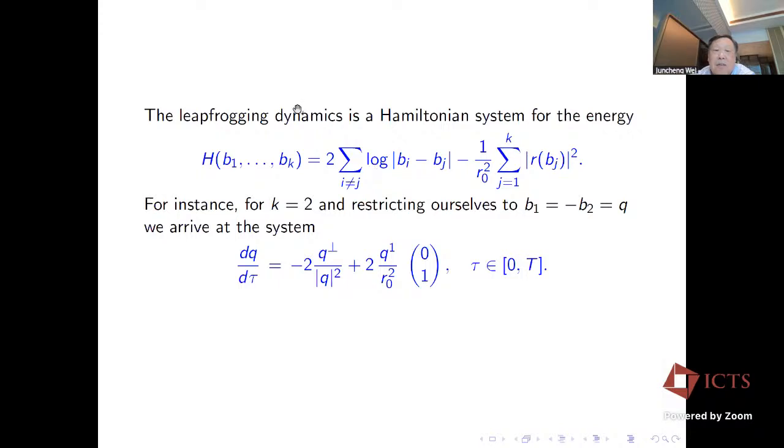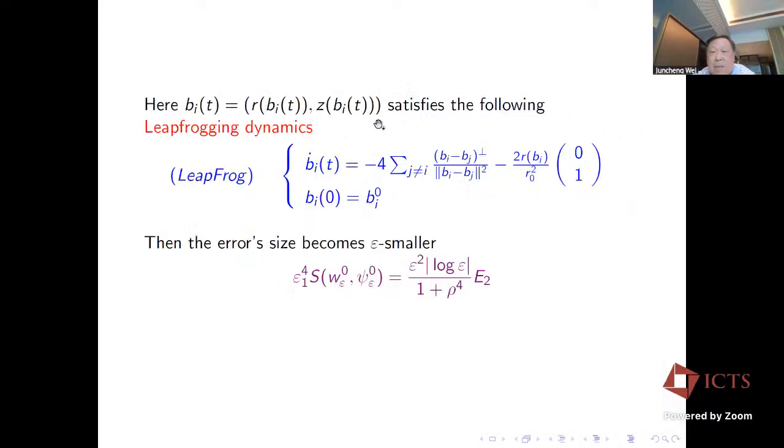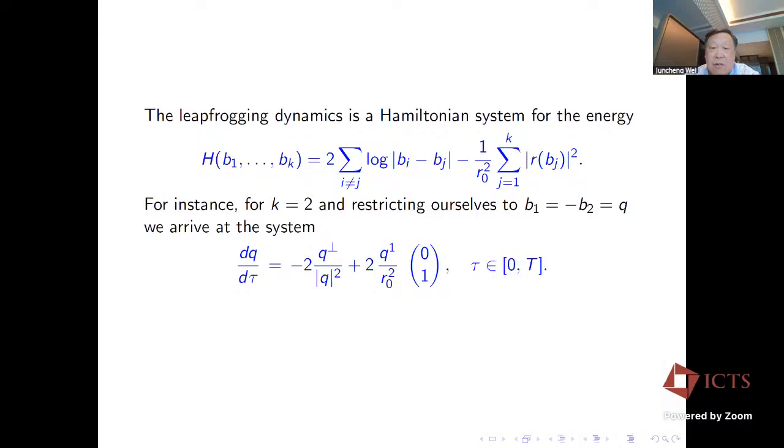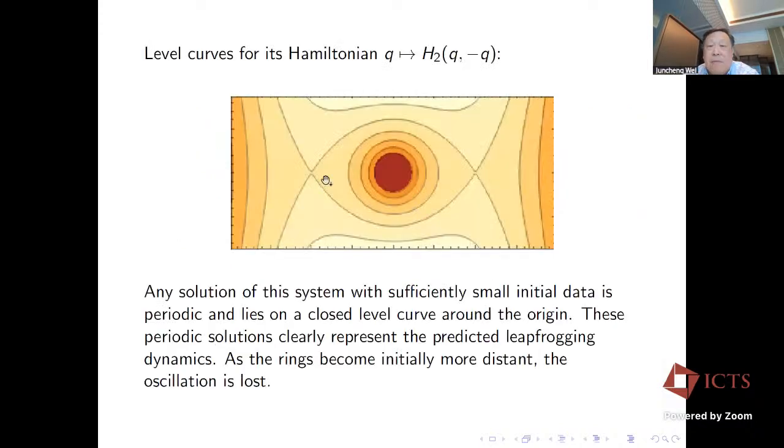This leapfrogging dynamics is a Hamiltonian system, just like the Kirchhoff law is a Hamiltonian system. In the two vortex ring case, you can get all the trajectories for the leapfrogging.